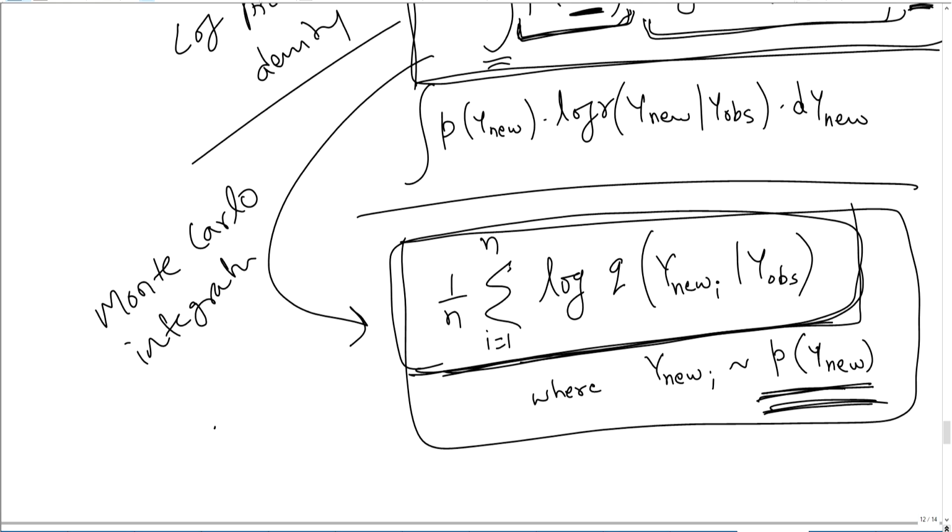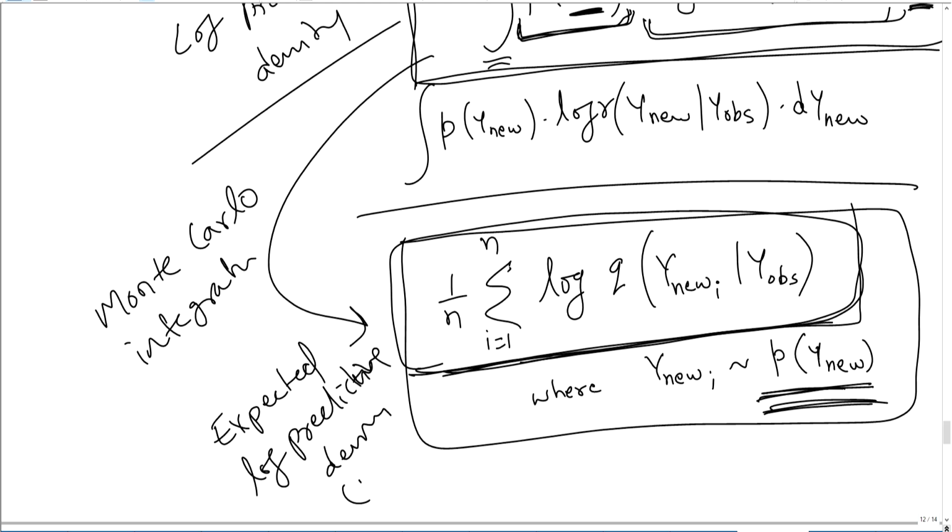This is actually called the expected log predictive density, okay, ELPD. Why expected?